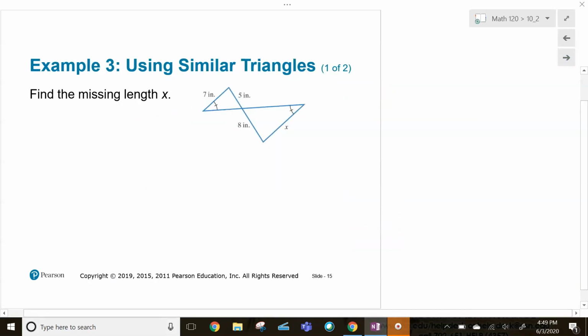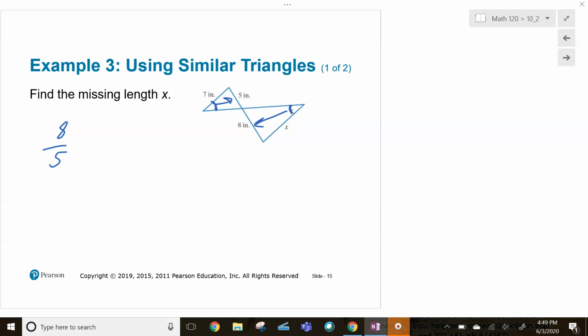Let's do some problems here. Find a missing length x. We're going to set up a ratio, and notice that they tell us right here this angle corresponds with that angle. So in other words, it's an 8 to 5 correspondence here, ratio, right?